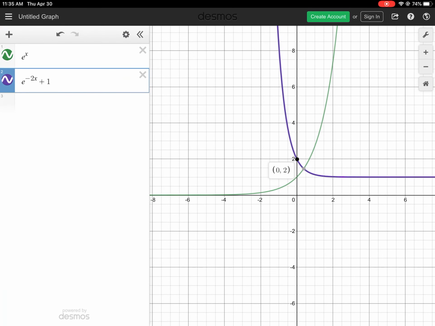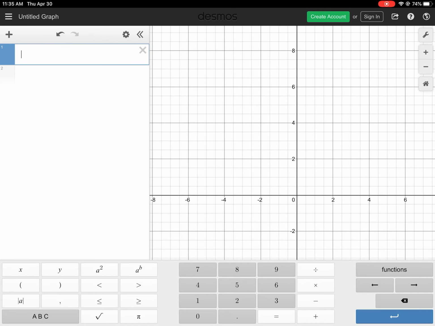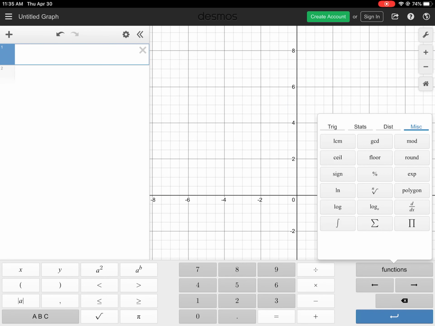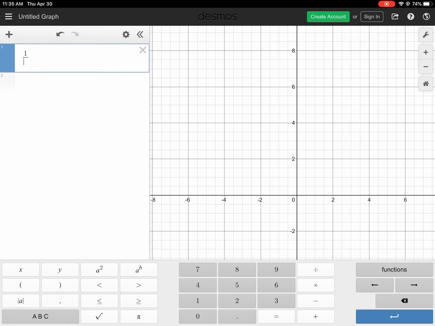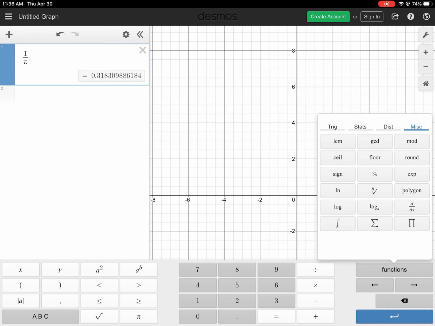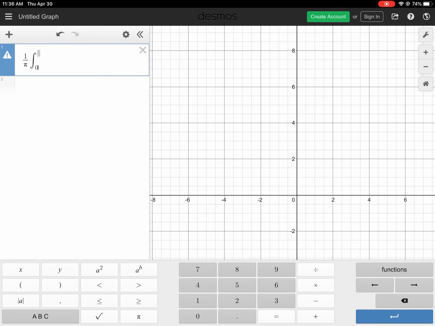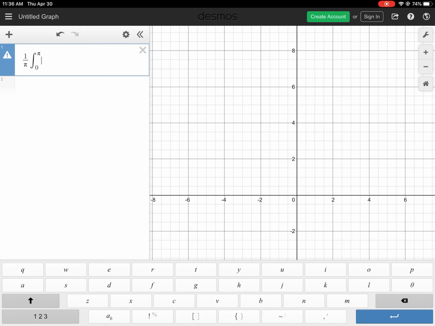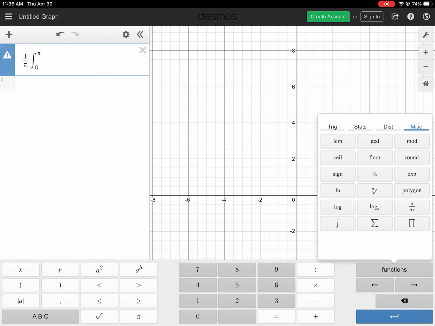I'll go to Desmos. First I'll put 1 divided by pi, and then we have the integral from 0 until pi of sine x. Oops, this probably is not where I want to go.